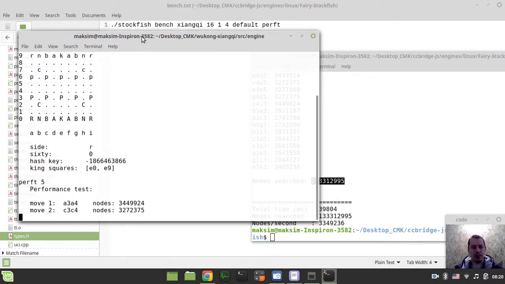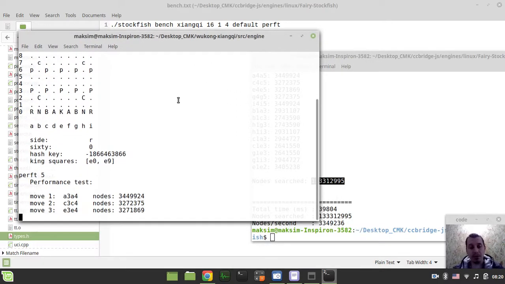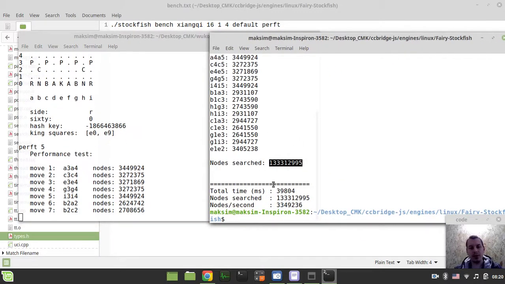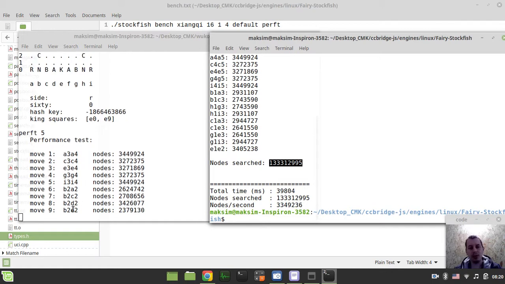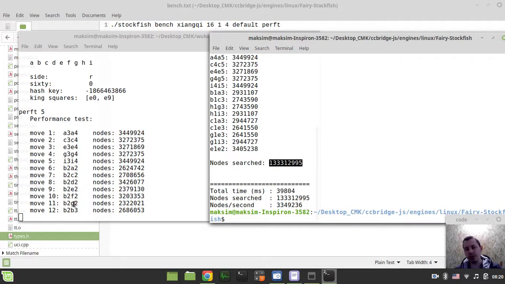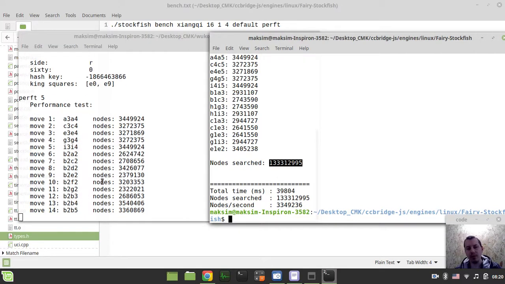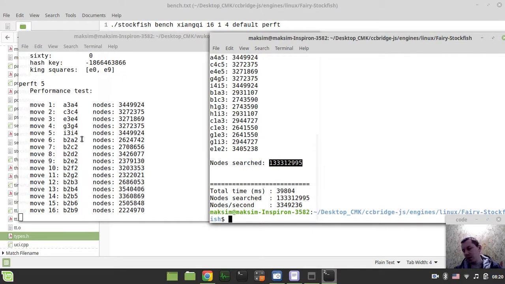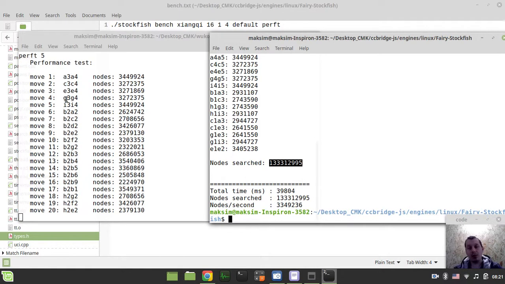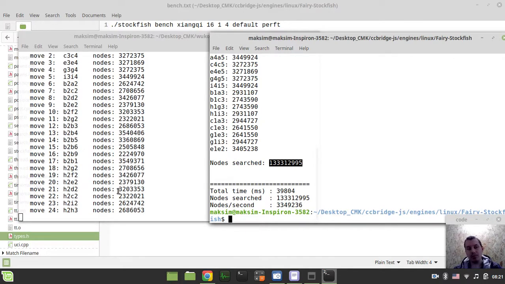And here is the performance test for my JavaScript engine, and without having a look at the total time, you just see that visually it really seems like about the same speed. Well, actually it goes slightly slower, but still I think this is really impressive that the JavaScript engine, which is array based, by the way, which is the key point here, is almost at the speed of the C++ engine that plays the same variant.